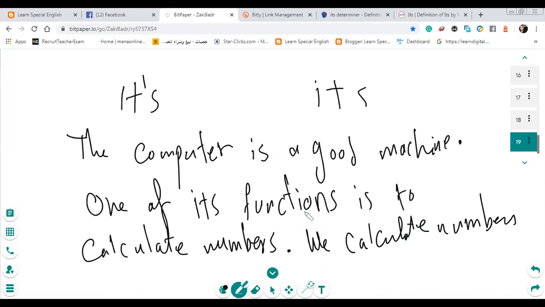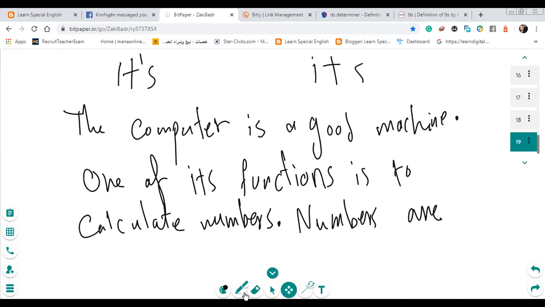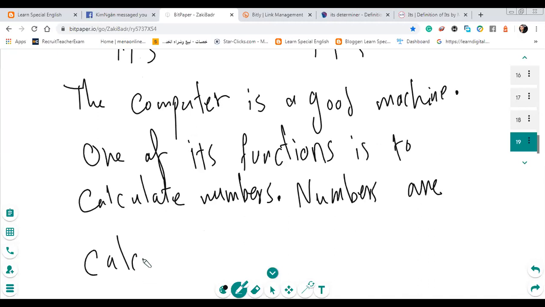So instead of using the active voice with "we", you can say "Numbers are calculated every day."